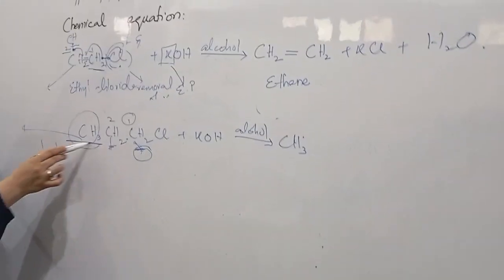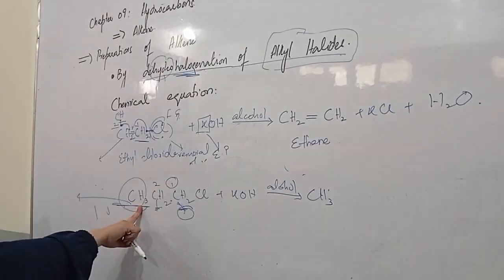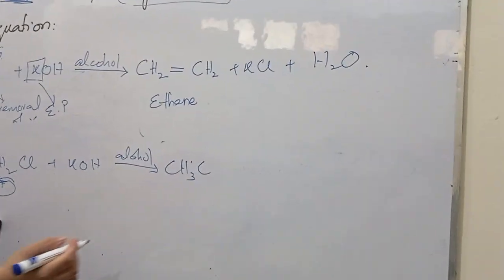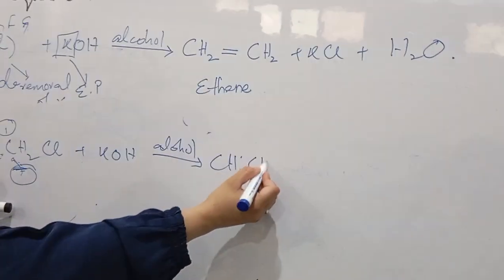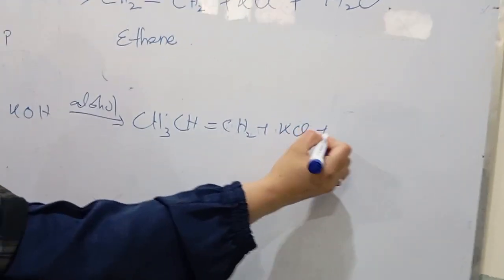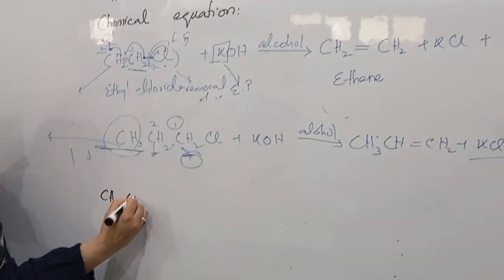Carbon number 3 does not belong to either of those conditions, so it will come as it is. There would be no change. So CH3, with hydrogen removed from carbon number 2, would become CH only, double bond CH2, plus potassium chloride and water. So this is how the reaction goes with the other compound.